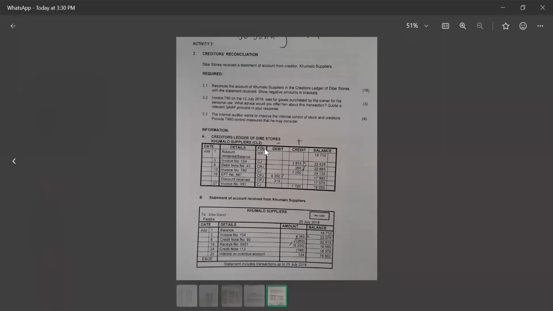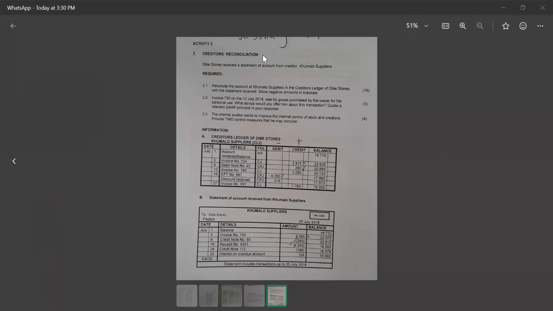Can you see this screen? Now, in activity 2, they say the debtors received a statement of account from creditor, Kumalo suppliers. That statement of account is the same thing as the creditor's statement that I was talking about.